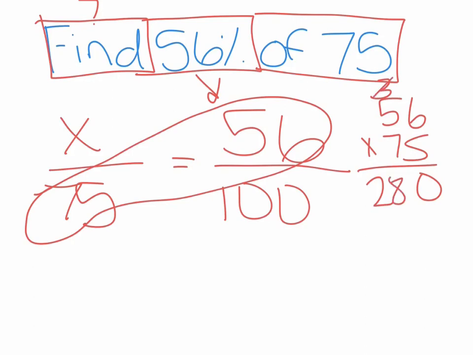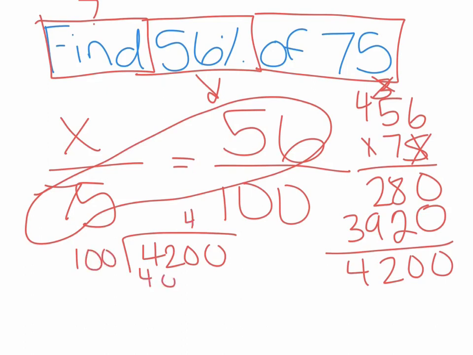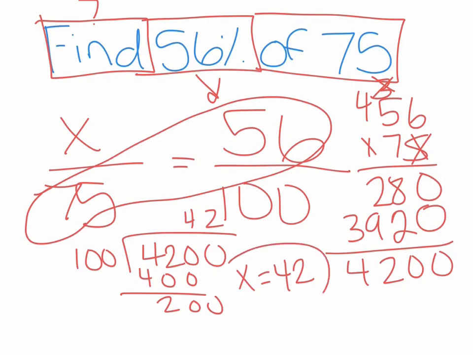Don't forget your carry. Tic-tac-toe. 7 times 6 is 42. Then we're going to divide that by 100. So X equals 42.